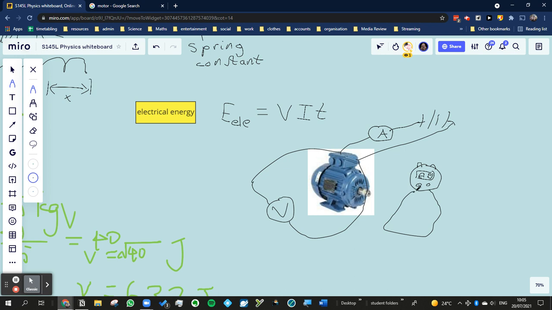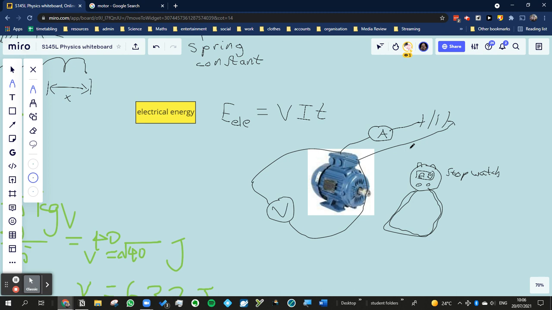That's supposed to be a stopwatch, okay, with a little string. Anyway, so I could work out how much electrical energy was given into this motor by multiplying the voltage by the current, and then by how many seconds.